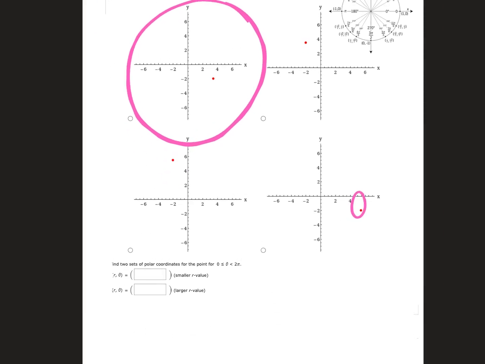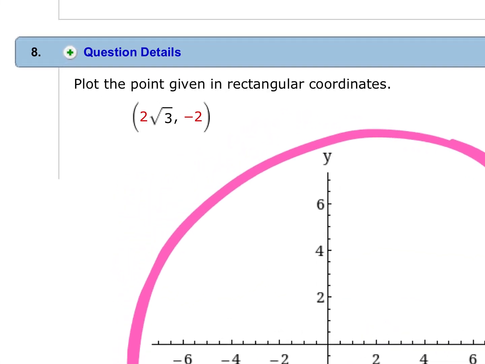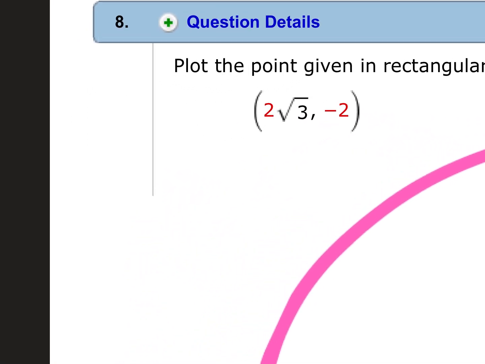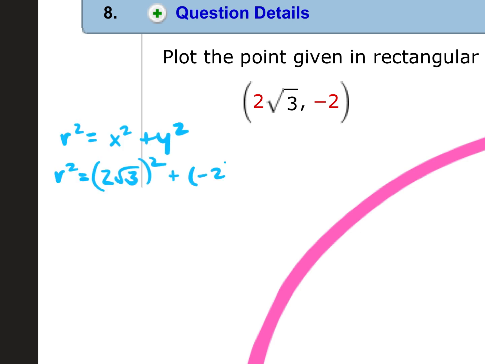Now let's convert it to polar. We can start by finding r first. So r squared is equal to x squared plus y squared. So r squared is 2 square root 3 squared plus negative 2 squared.